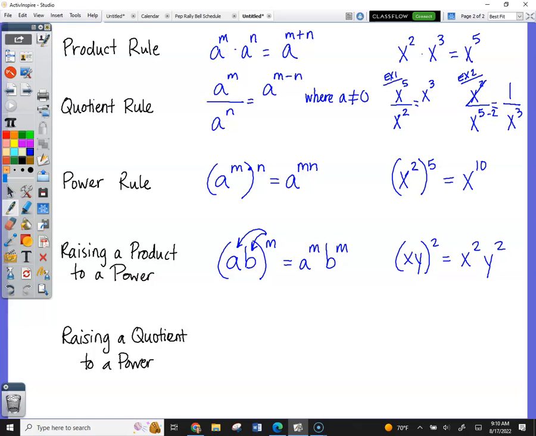This is the exact same concept, it's just if it's a fraction. Two numbers in a fraction, or two values in a fraction being raised to a power, you still distribute the power to everything in the parentheses.